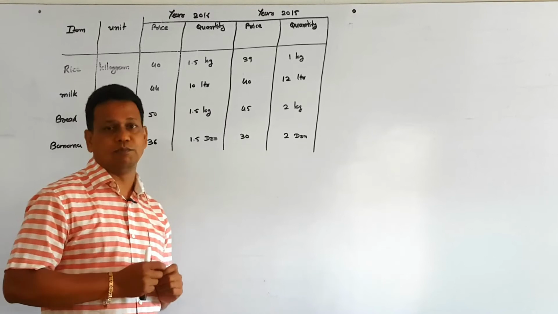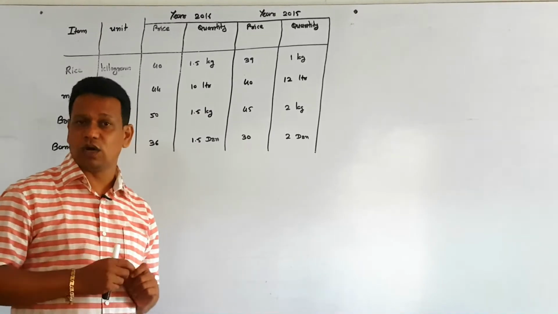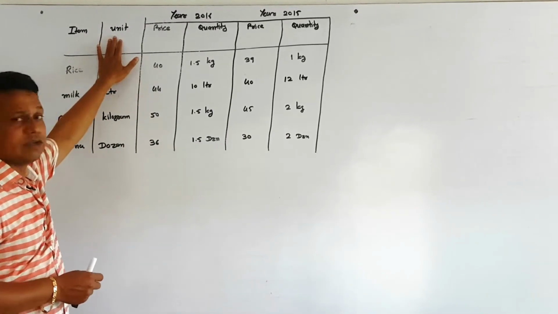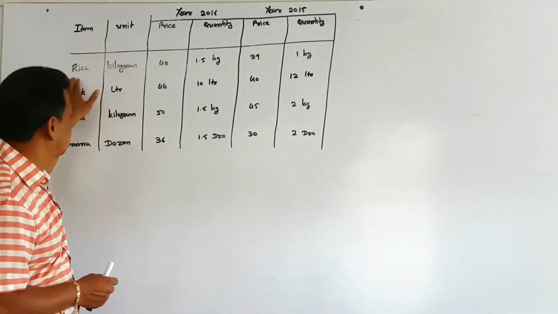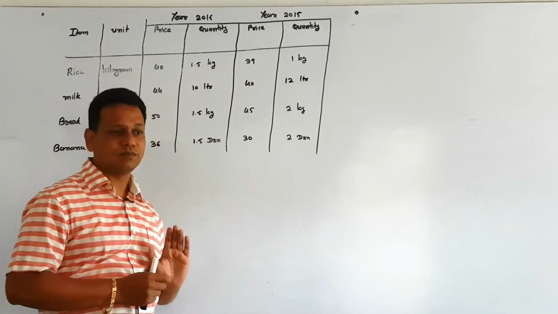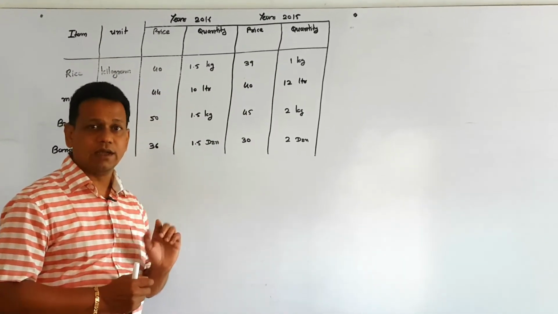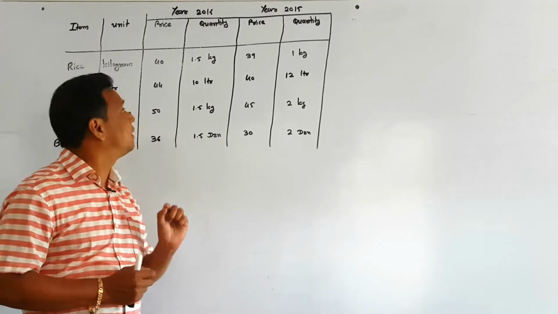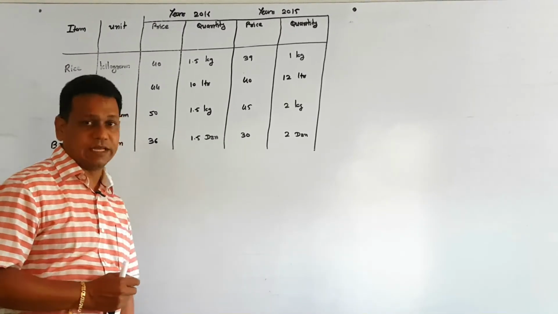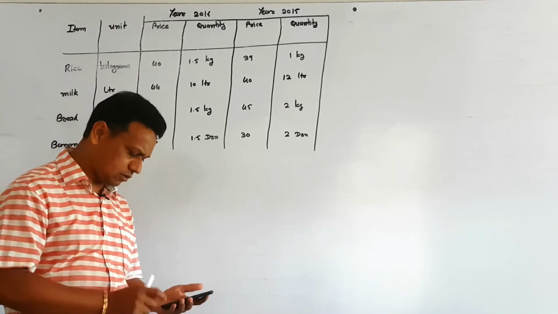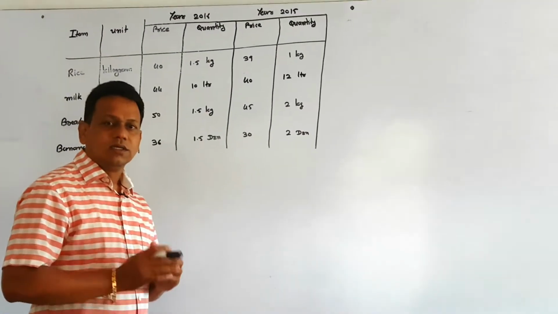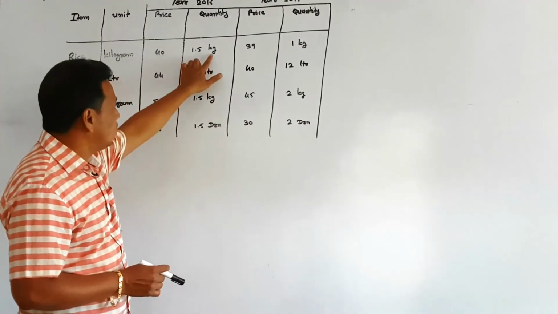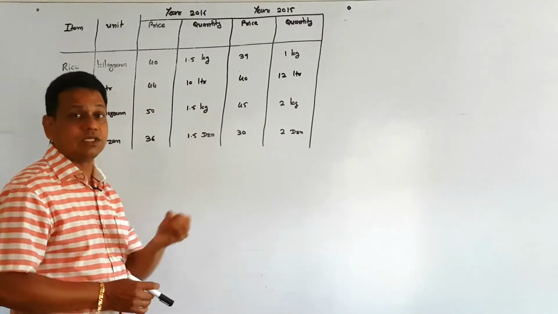And one most important thing, as I suggest again: whenever they have given a column of unit, we have to equalize the units for all. The unit column always refers to the price column. Sometimes instead of kilograms they are using grams.